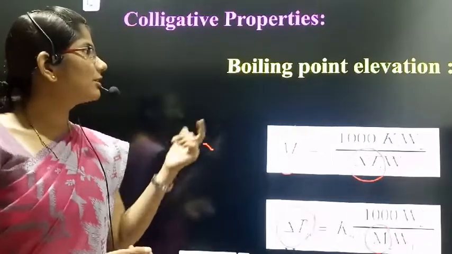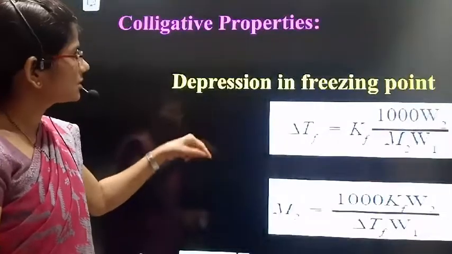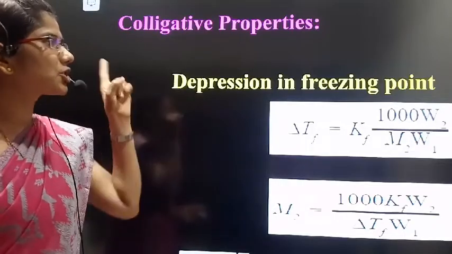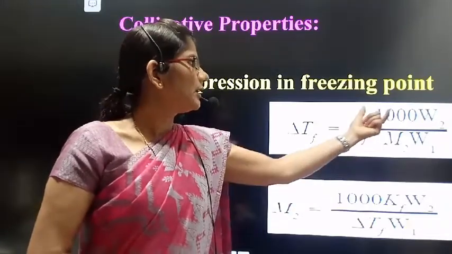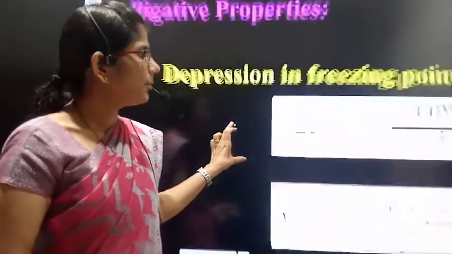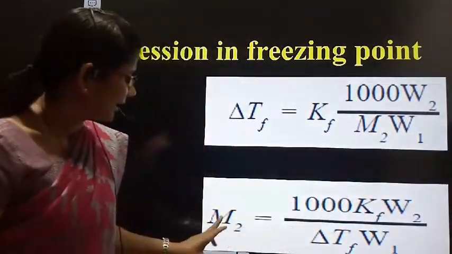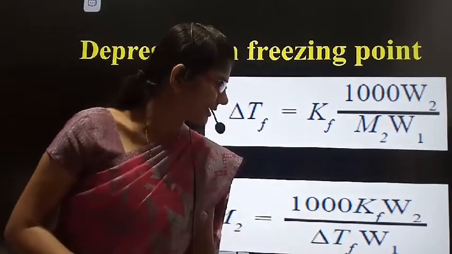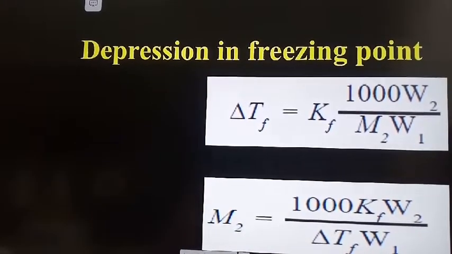From the last lecture we have completed the boiling point elevation, and in today's lecture we have completed our third colligative property, the depression in freezing point, that is delta Tf which is equal to Kf 1000 W2 upon M2 W1, and M2 which is equal to 1000 Kf W2 divided by delta Tf W1, with one reason: that is why we use the term molality instead of molarity.